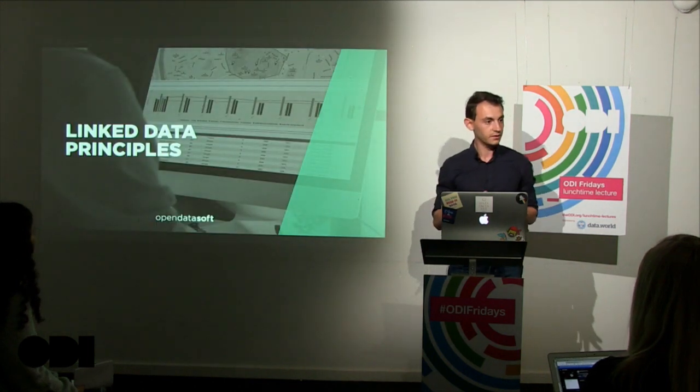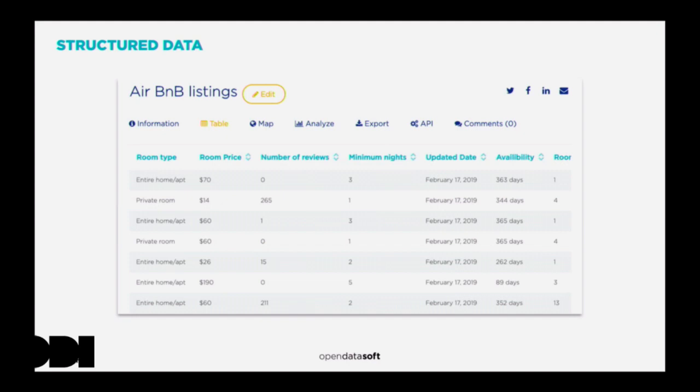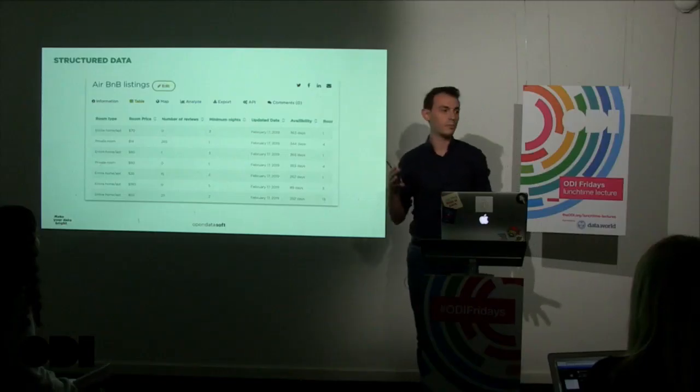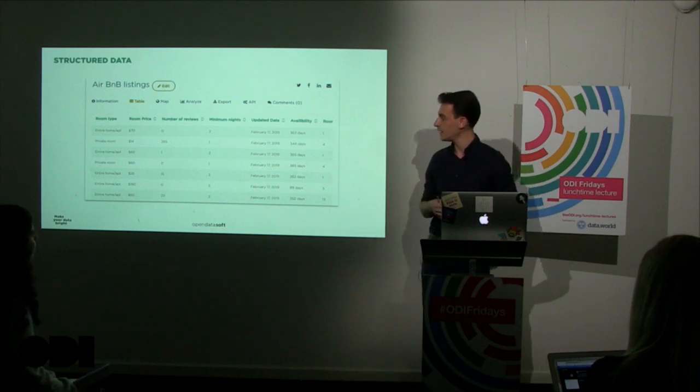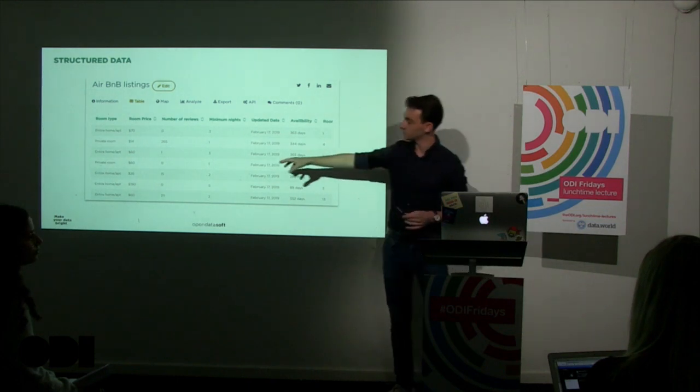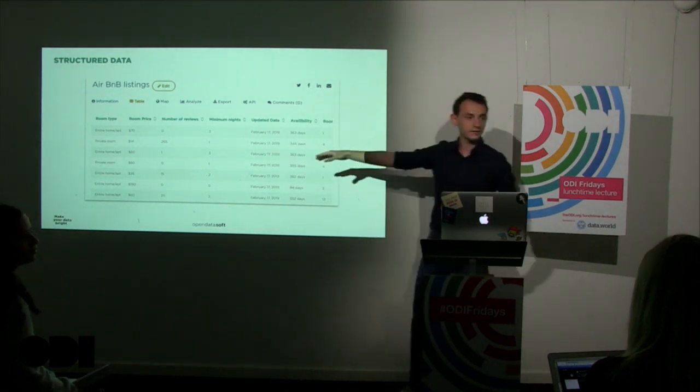To understand what linked data is, we need to understand structured data first. There is a lot of structured data on the web, for example Excel spreadsheets or relational databases. Here we have an example of structured data organized in columns.